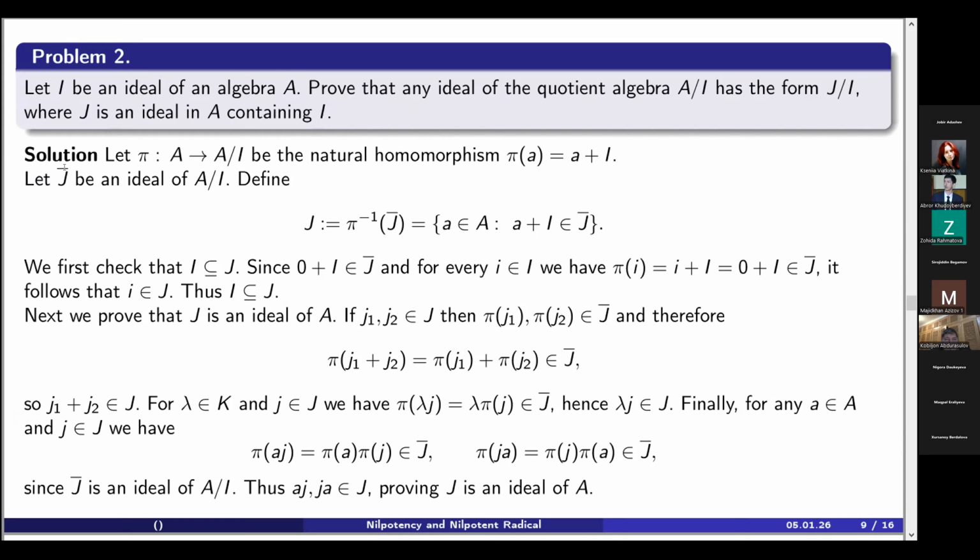Let J-bar be an ideal of A/I. Define J as the preimage of J-bar. This is the set of a in A where a plus I is in J-bar.